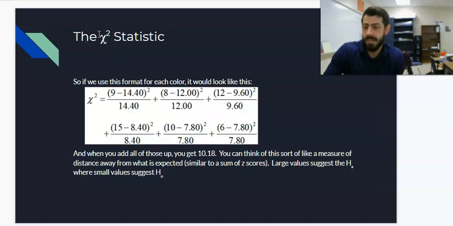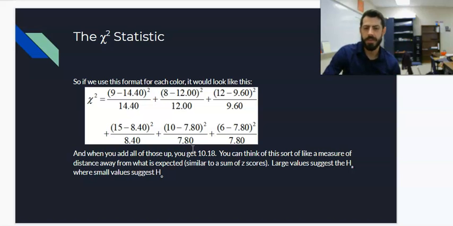So in this situation, if we use this statistic, this would be what it would look like. You have the 9 minus the 14.4 squared divided by 14.4 for the blue ones. You have the same for all the various different colors. And you would add each of these up to get a total of 10.18. You can look at this kind of like a measure of how far away the total amount is from what should be expected, right?